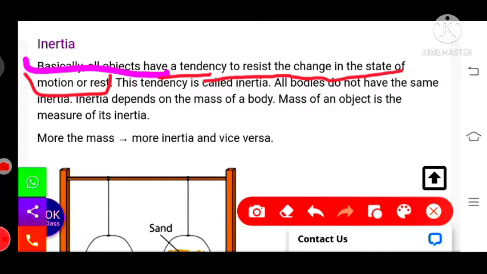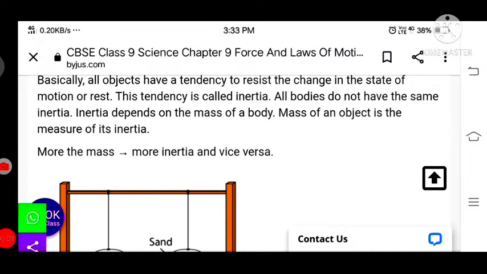It means that any object, like sand, water, air, a ball, a pillow, even human beings, have a capability to resist the change in the state of their motion or rest. This tendency of resisting the change in the state is called inertia. All bodies do not have the same inertia.